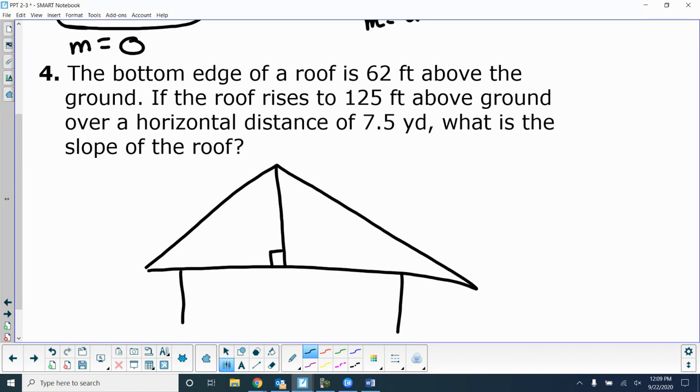So how tall is it from here to here? Again, from the ground to the very top is 125, and from the ground to that edge is 62. So how do I find the distance from there to there? Subtract them, right? Find the difference, which would be what, 63?